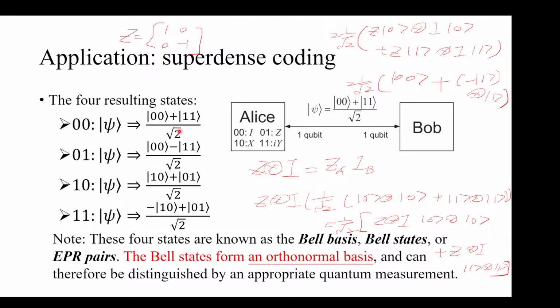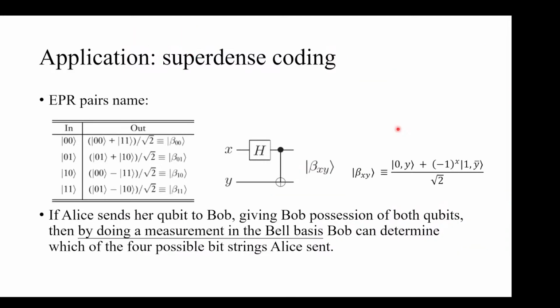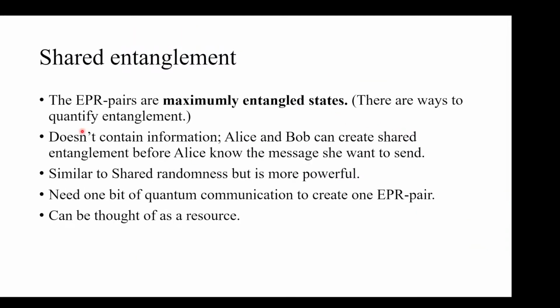Then when Alice suddenly gets some message she wants to send, she can use the shared entangled states they prepared in advance to quickly send her data to Bob by superdense coding. The shared entanglement doesn't contain information about what Alice wants to send to Bob, so it's okay to create it beforehand.